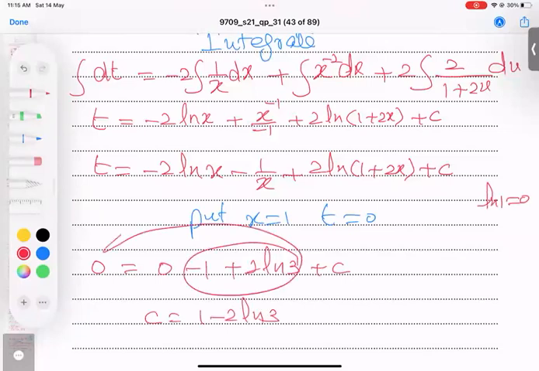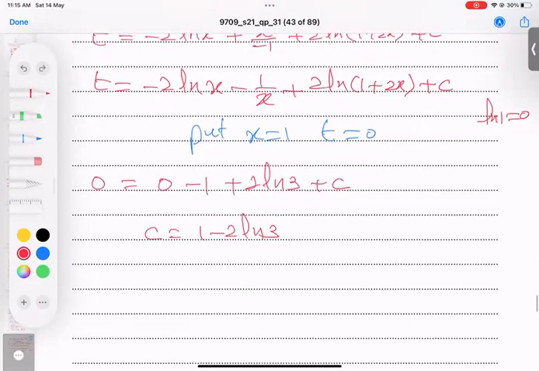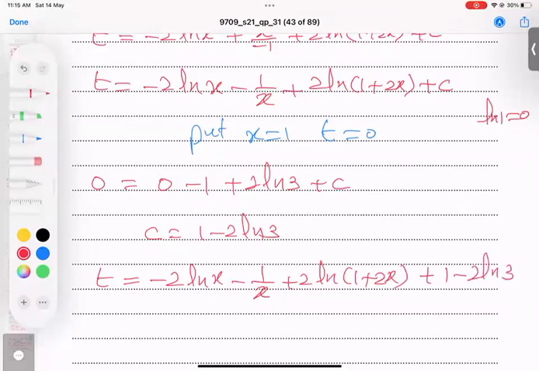I brought both values to the left hand side. After this, what is the next step? I have to plug this value back into this equation. So -2 ln x, 1 minus 1 over x plus 2 logarithm of 1 plus 2x plus 1 minus 2 ln 3.